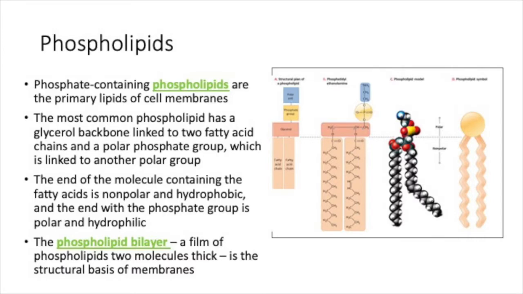All right, next we're going to talk about phospholipids. So we're going out of neutral lipids. These are phosphate-containing lipids, right? And these have different structural parts to them.